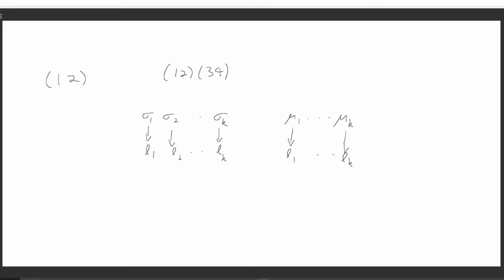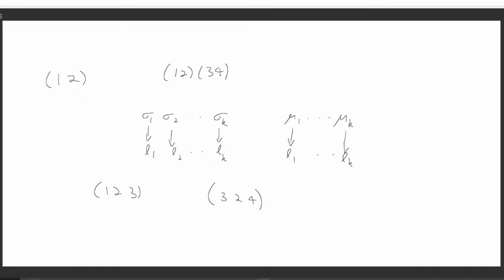This is not difficult to see. For example, I have (1 2 3) and (3 2 4). I want to write the second as a conjugate of the first in S4.